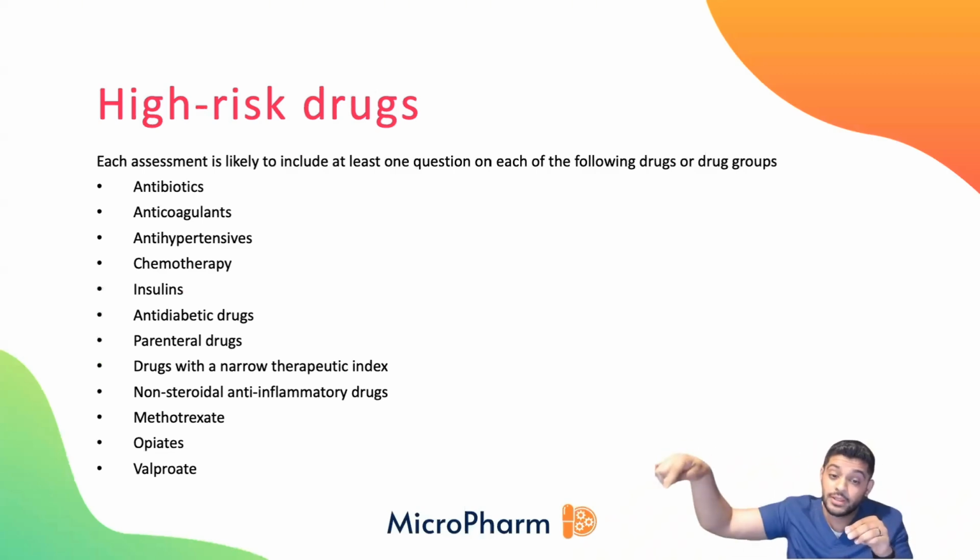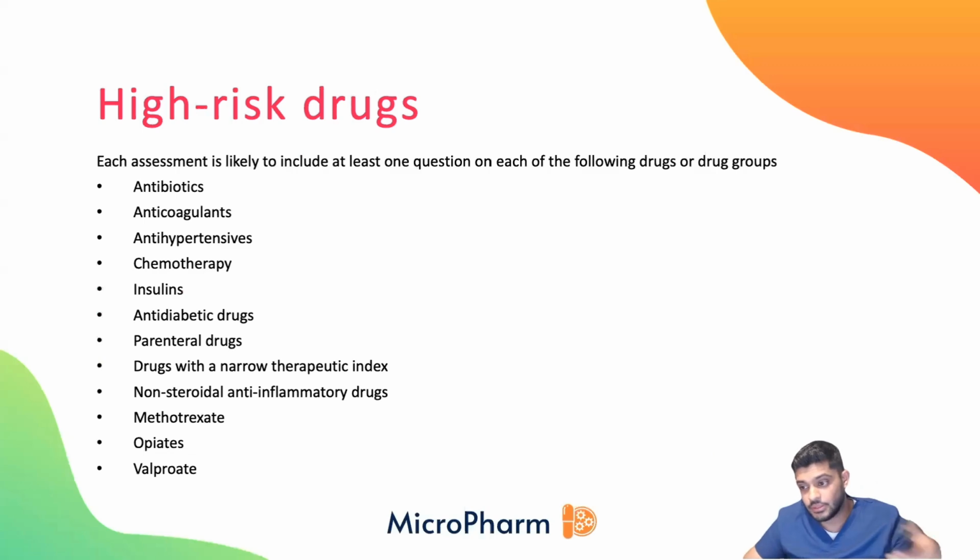There are drugs with a narrow therapeutic index included in the high-risk drugs. Essentially, what's their significance for the exam? At least one question from each of these will come up in the exam, guaranteed. But, as I've said before, if you're considering insulin, there could be several questions related to insulin in the exam. There could be several questions related to antibiotics. They're just saying to you, you need to know these.